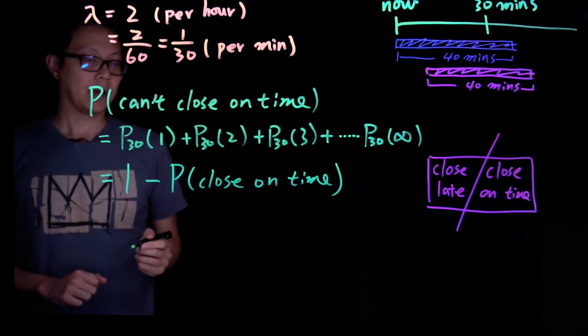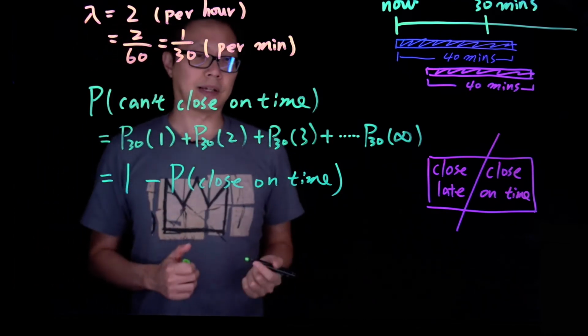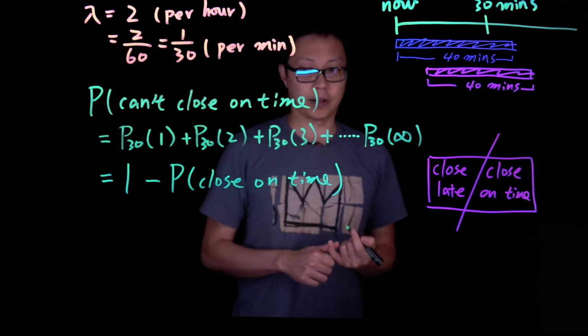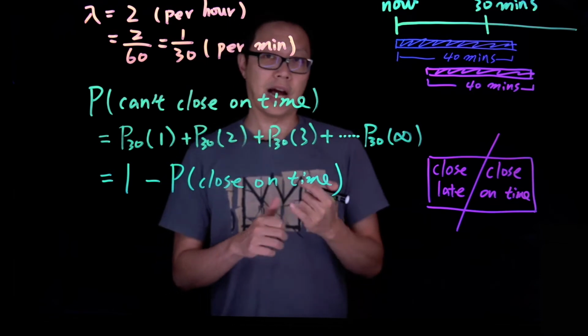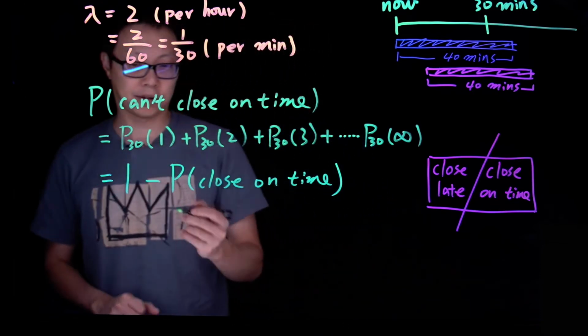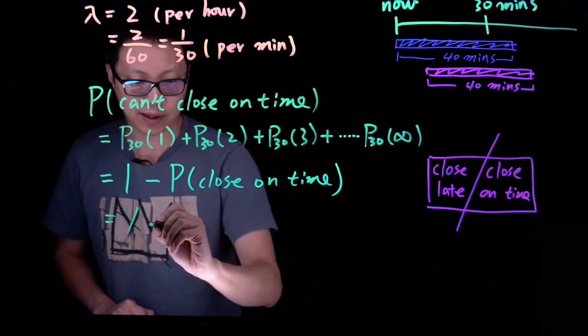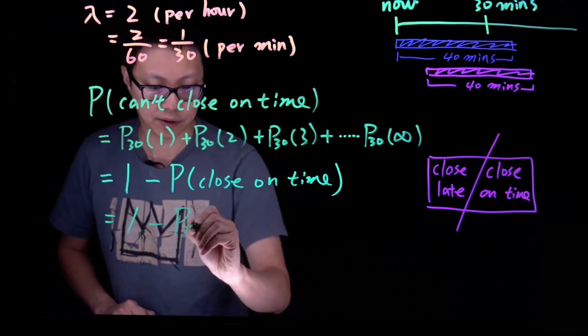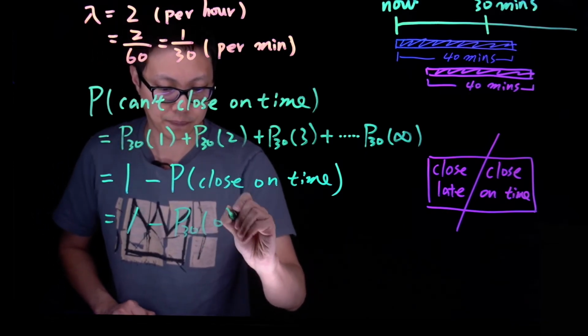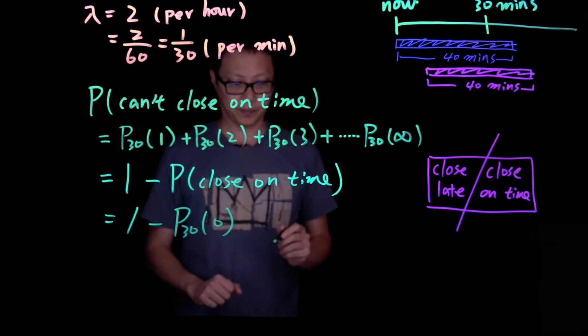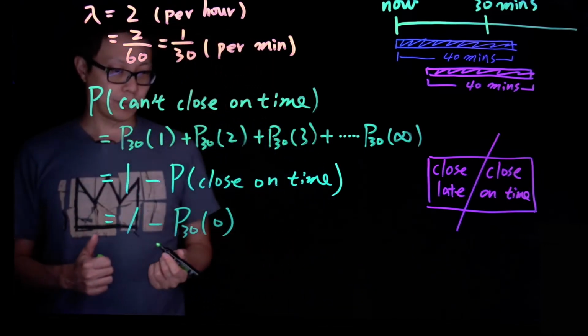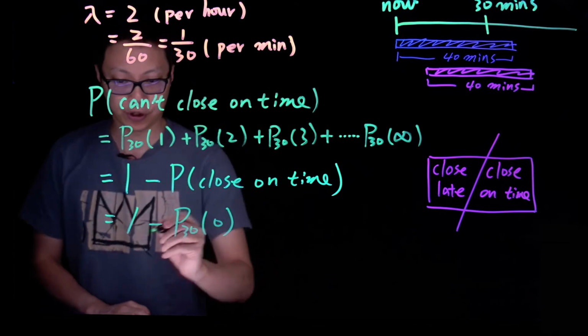Okay? Then what would be the possibility that you can close the store on time? That would be I'm not getting any customer in the next 30 minutes. So it is equal to 1 subtracted by P30 of 0. Then you just need to plug everything into your formulations.